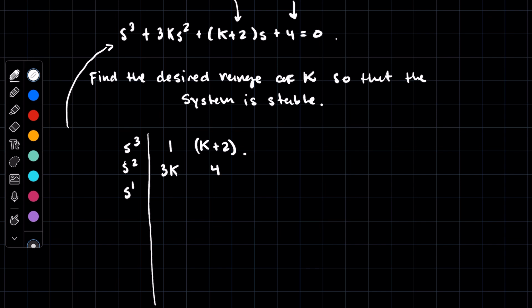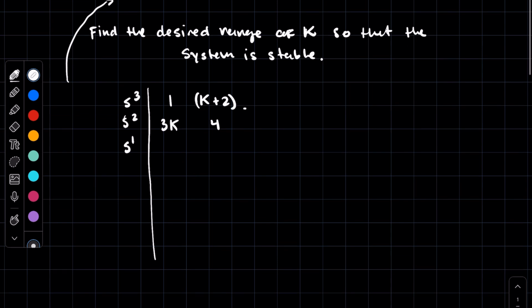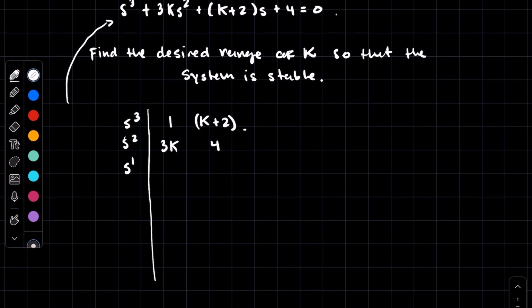And intuitively, you might think that because we've done S1 before, we can just put k plus 2. But this is not the case for determining this row. What we're actually going to need to do is use the determinant to find the value for that row and column.